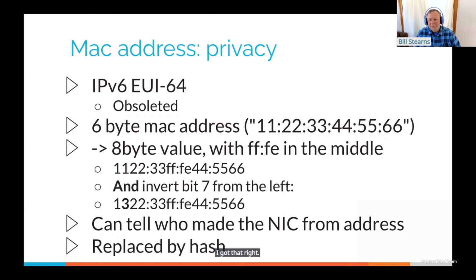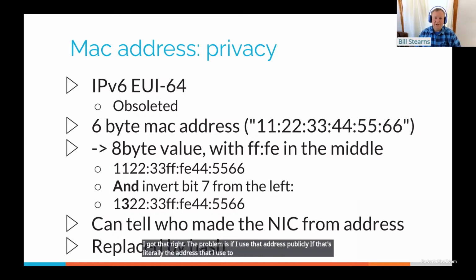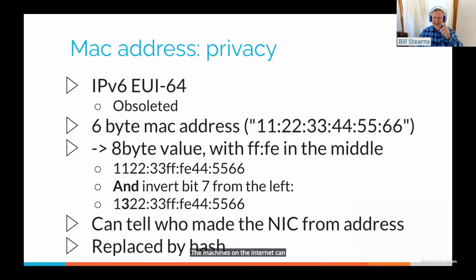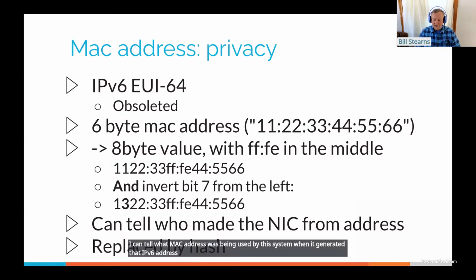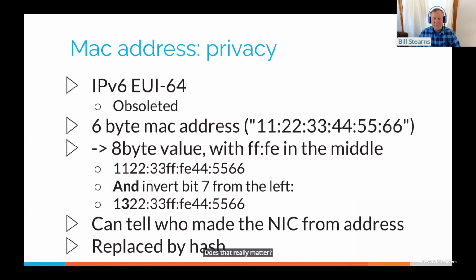The problem is if I use that address publicly, if that's literally the address that I use to communicate with machines on the internet, the machines on the internet can see, oh, hey, that looks like a MAC address. I can tell what MAC address was being used by this system when it generated that IPv6 address. And it can reverse that process and come up with 112233445566. Does that really matter? Well, it's a little bit of privacy.